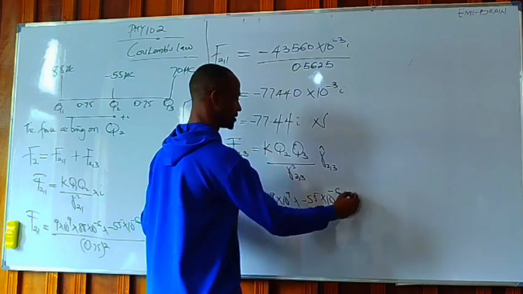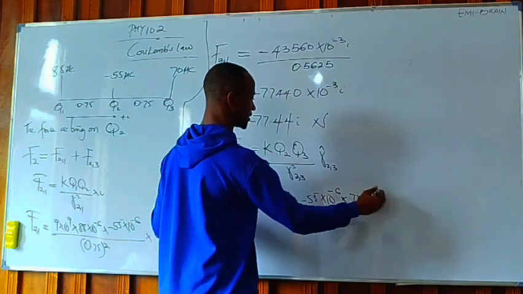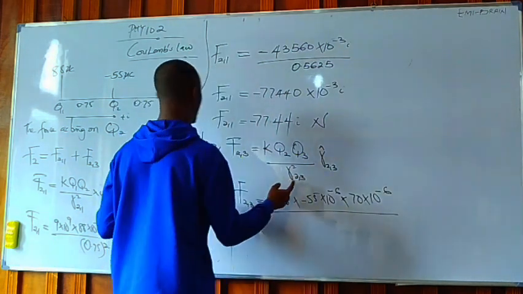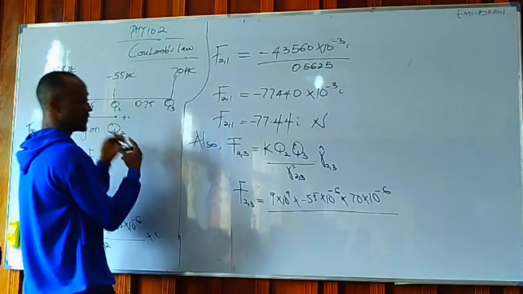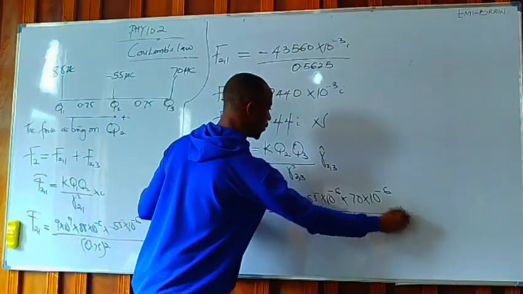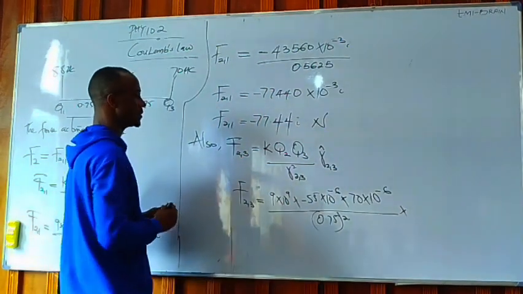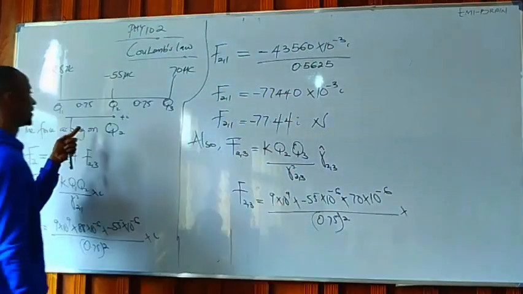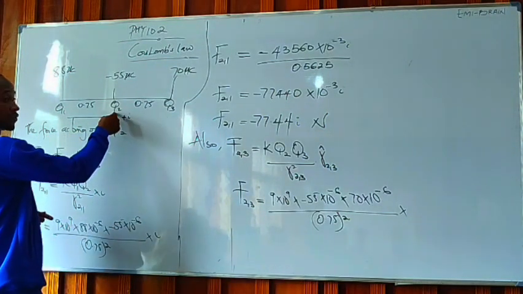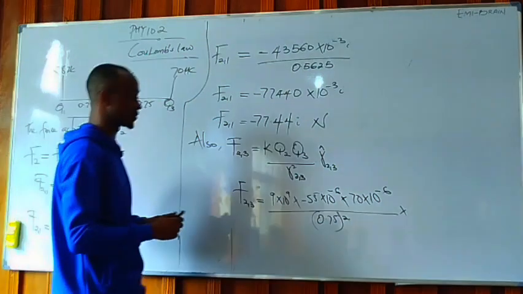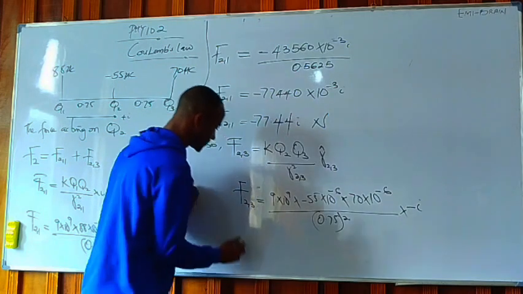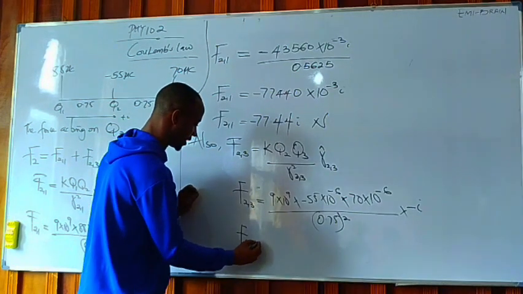What's our q3? 70 times 10 raised to power minus 6. All divided by the distance between charge 2 and charge 3, which is 0.75, all squared. What's our unit vector? Negative, that means from 3 to 2, towards the negative direction. So we have minus i.